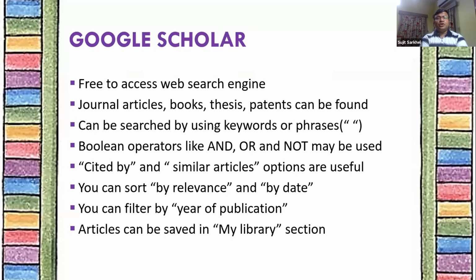They are to be put in quotation marks. Boolean operators, as I've mentioned, like and, or, not, may be used. Cited by and similar articles options are useful, as I was mentioning in PubMed. You can also sort by relevance and by date. You can filter by year of publication, and the articles can be saved in the My Library section.